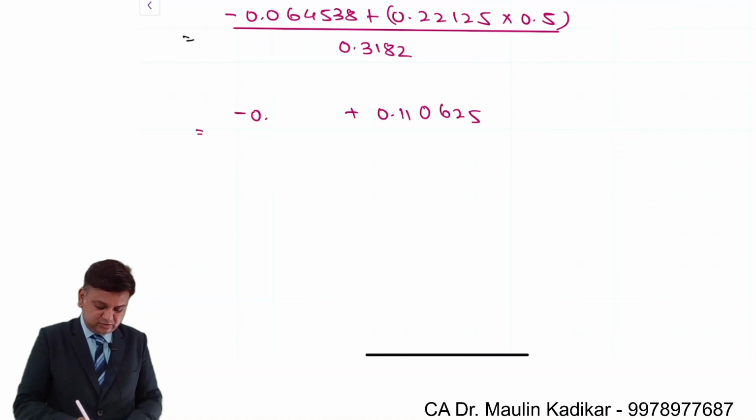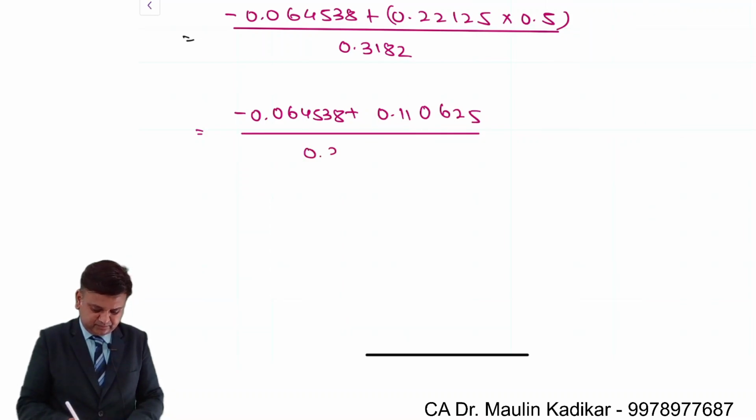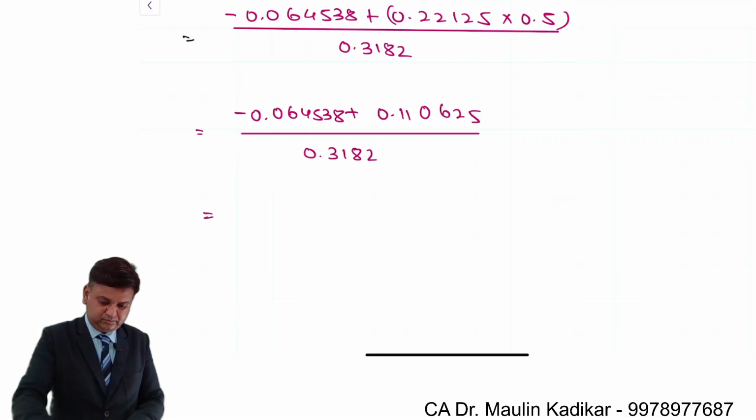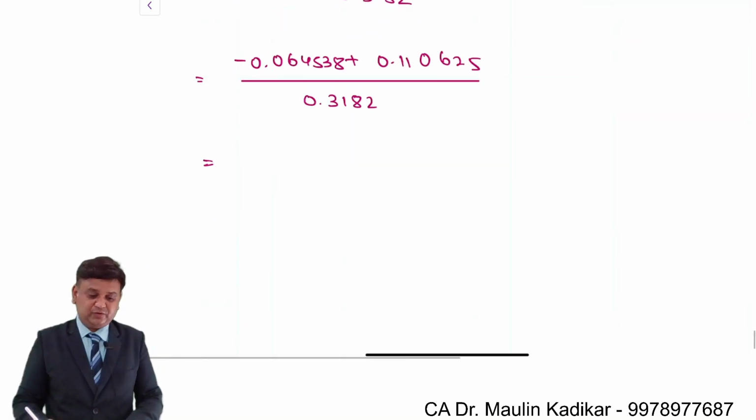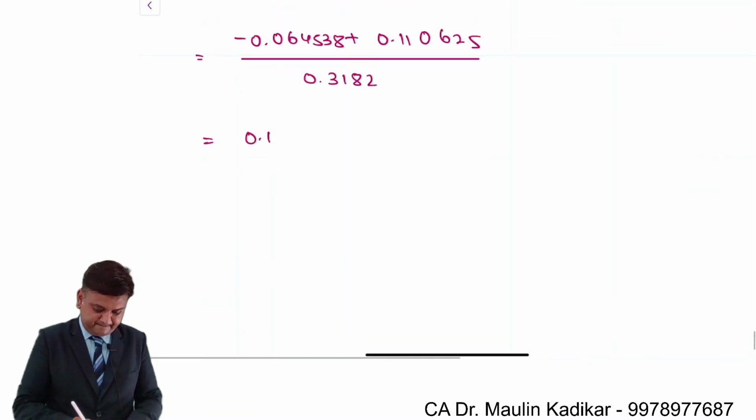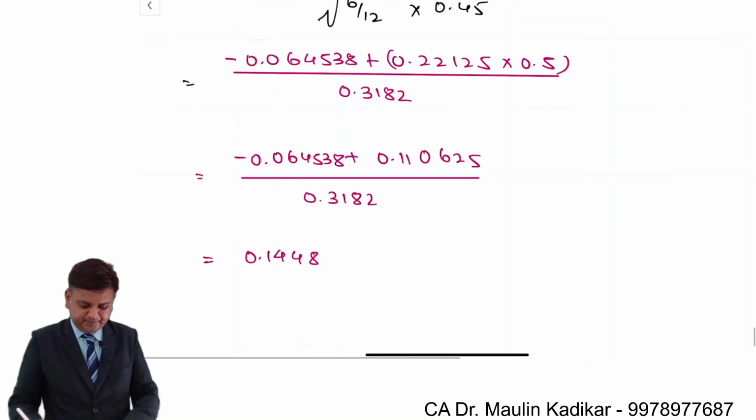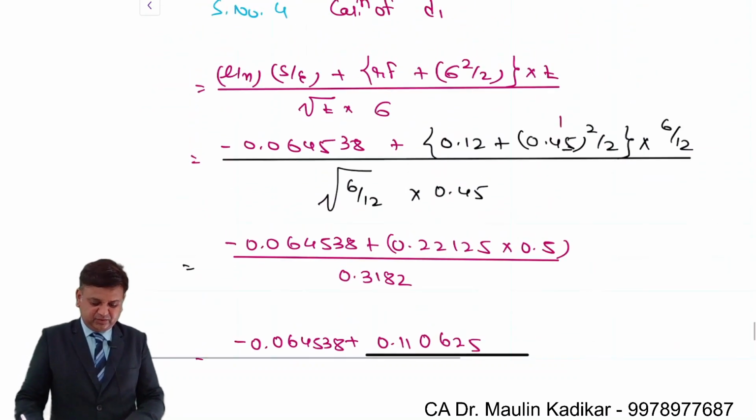Negative 0.064538, whole divided by 0.3182, comes to 0.1448. That is the way D1 will be found.